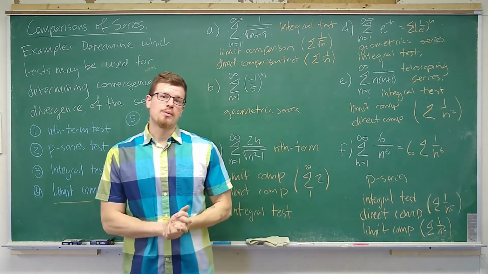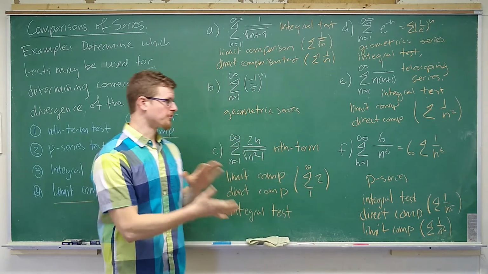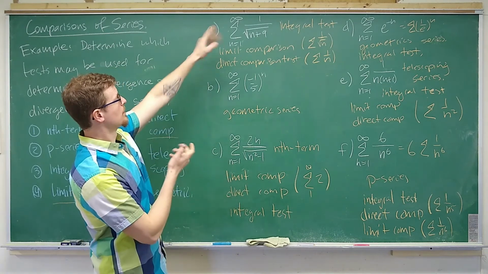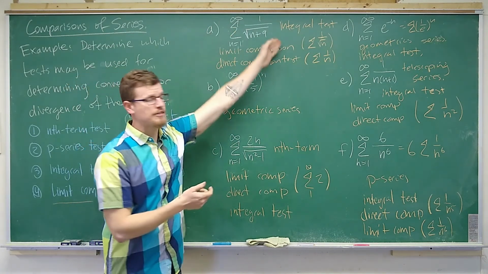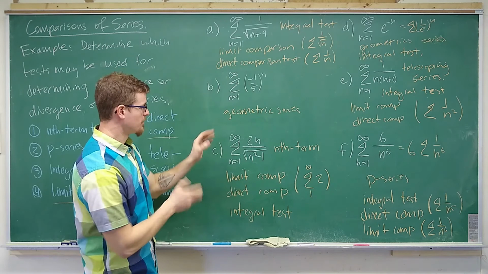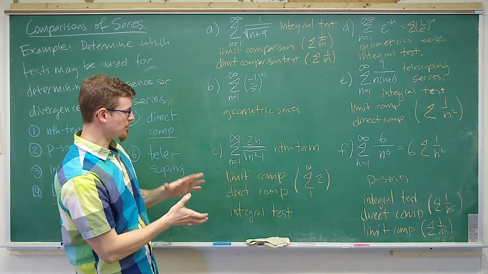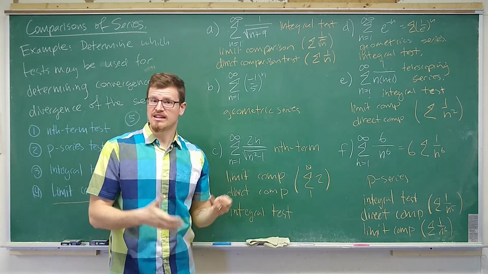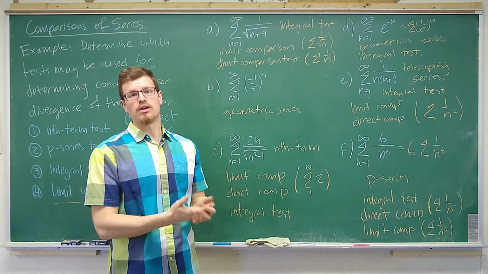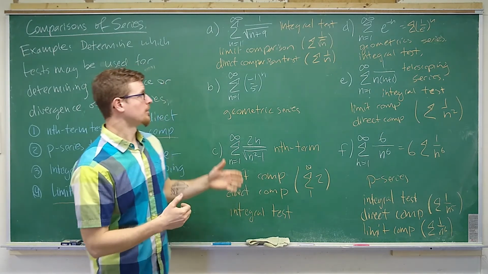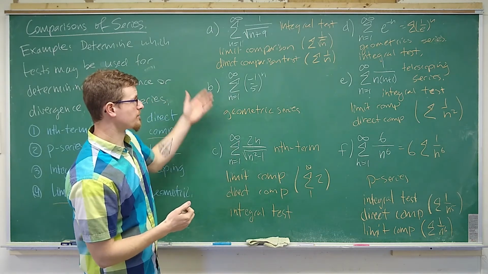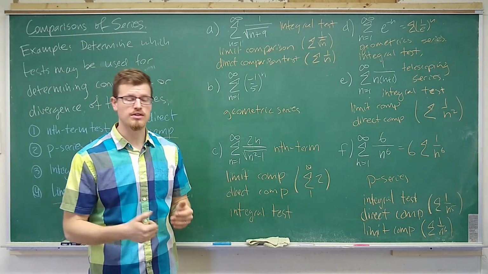The main thing to take away from this example is hopefully a way to identify a test that works from the minimal discussion that we had, but more importantly to recognize that there are options. There are a lot of options for you when it comes to determining the convergence or divergence of a series.